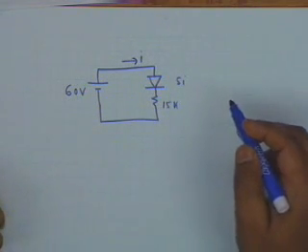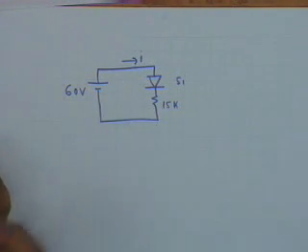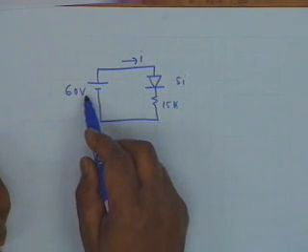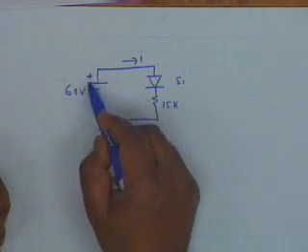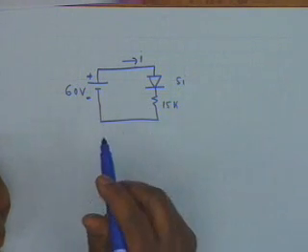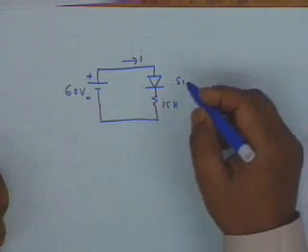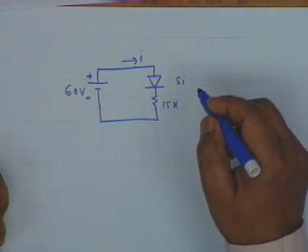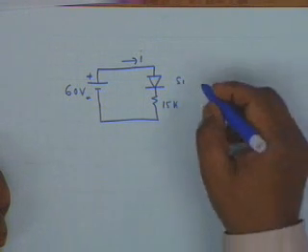Obviously, if you replace this by its equivalent circuit model, it is a forward bias diode with 60 volt, and therefore IS shall have very little effect, so you can ignore IS. If you also ignore RD, the dynamic resistance of the diode, well, if you want you can include it.